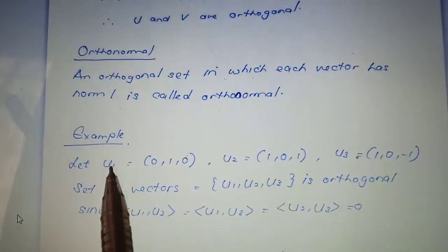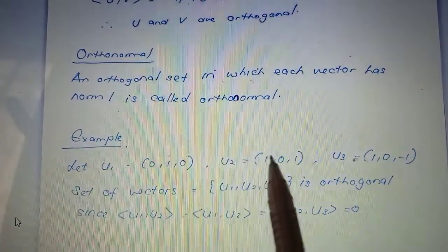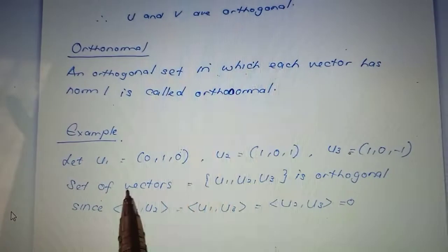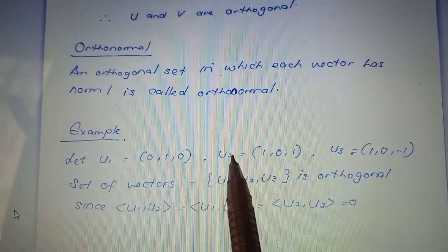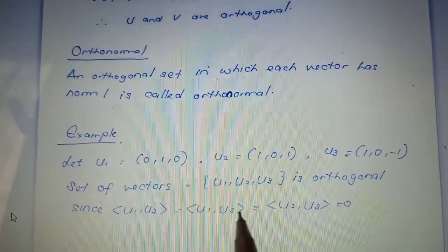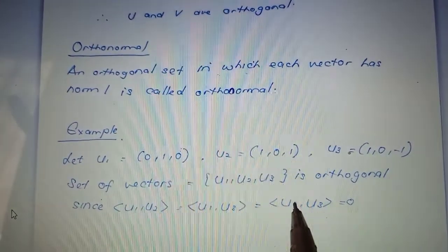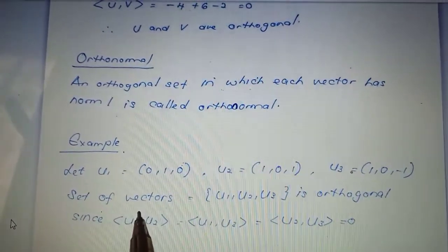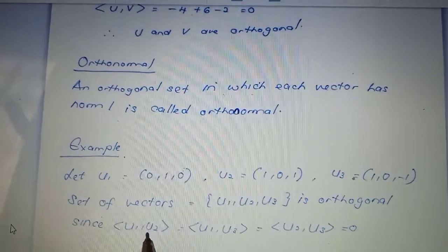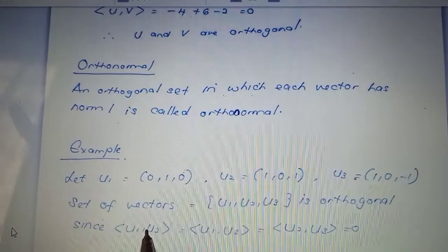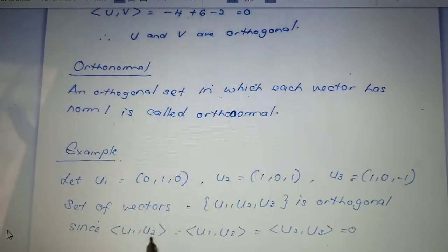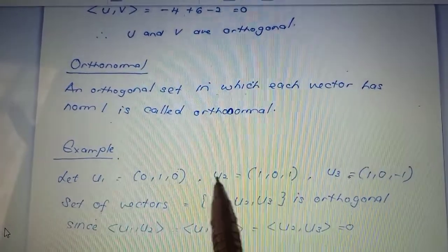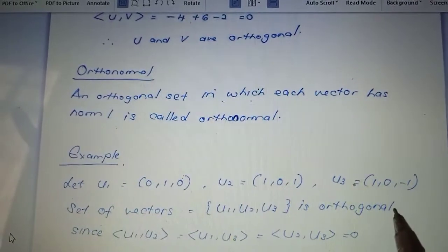Example, let u1 be this vector, u2 be this vector in 3 dimensions, and u3 be this vector. Since u1 dot u2, u1 dot u3 and u2 dot u3 are 0, you can try it out. Since the inner product of ui and uj is 0, we can say that the set of vectors u1, u2, u3 is orthogonal.